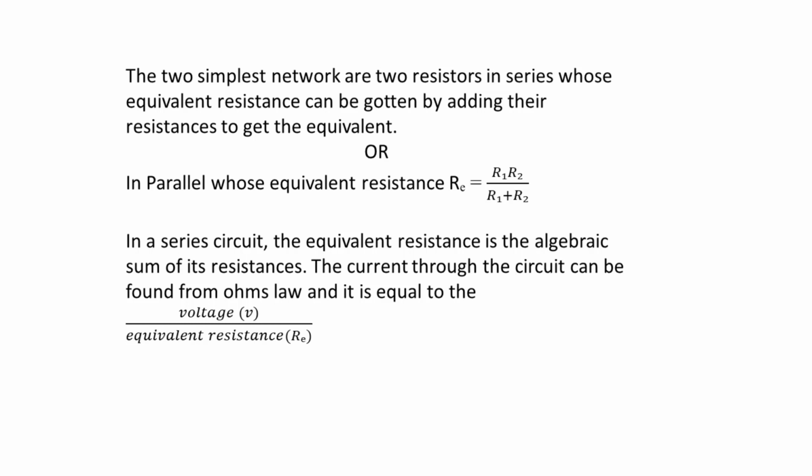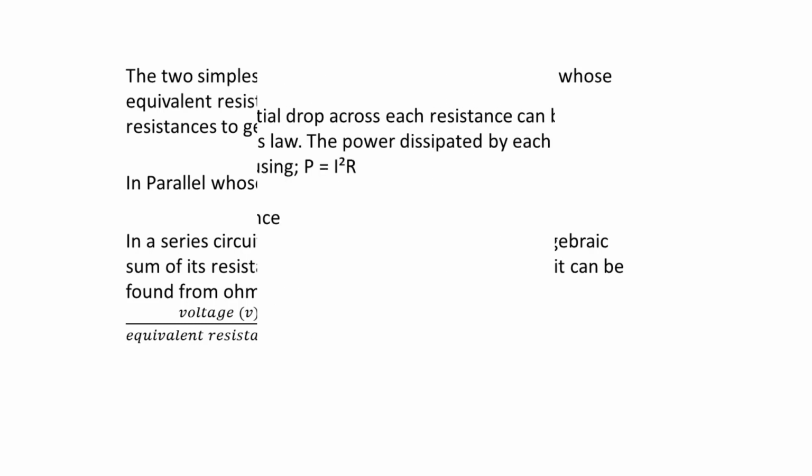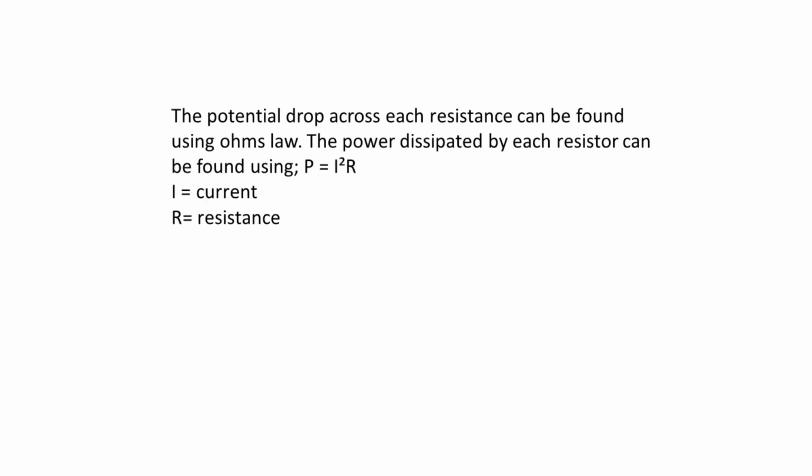In a series circuit, the equivalent resistance is the algebraic sum of the resistances. The current through the circuit can be found from Ohm's law and is equal to the voltage divided by the equivalent resistance. The potential drop across each resistor can be found using Ohm's law.